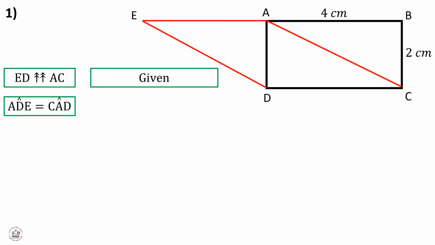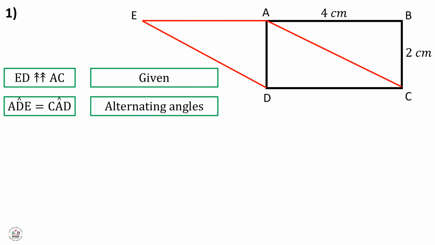Now, to prove that ED equal to AC, we should take the two triangles AED and ADC and prove them congruent. So angle ADE equal to angle CAD, alternating angles.